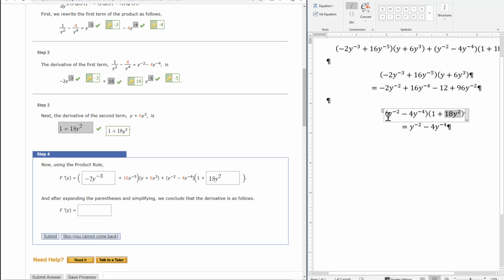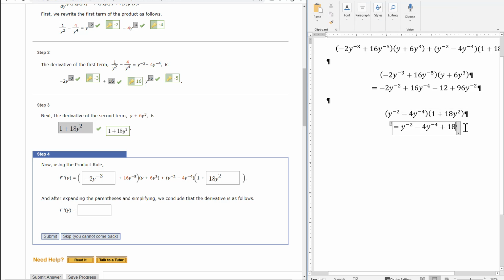So that's going to be 18, and again the y's match up, so it's going to be plus 18y to the 0 power, or just 1, and then we have 18 times 4, that would be 72, and negative, so that would be a minus 72, and then the power is going to be y to the -4 plus 2, so that's going to be -2. That's a -2 power.